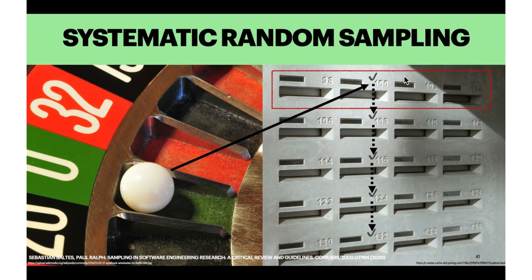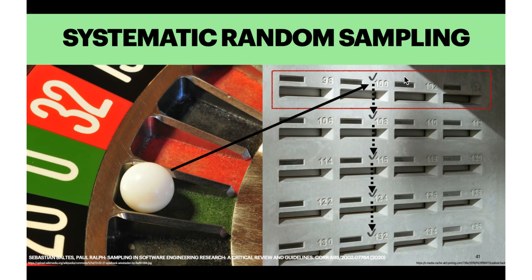This is quite common when we are analyzing time series. For instance, when we want to say we're going to look at every 20th commit to a repository. As you can imagine, this will become a systematic random sampling only if the first commit has been chosen at random.